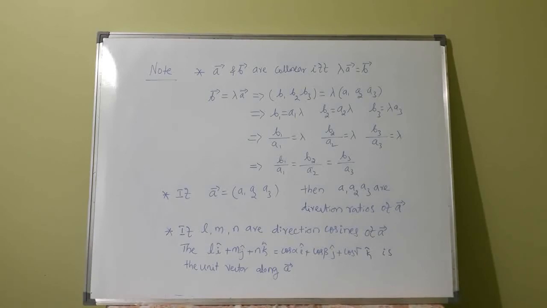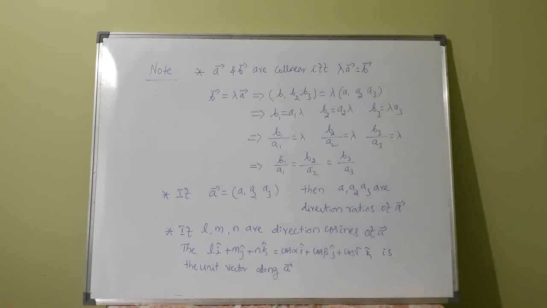Hence, the ratios are the same. So, in order to find whether two vectors are parallel or collinear, it is enough if you compare the scalar components and check the ratios of the corresponding scalar components of each vector. If they are proportional and equal to the same value, then they will be parallel.